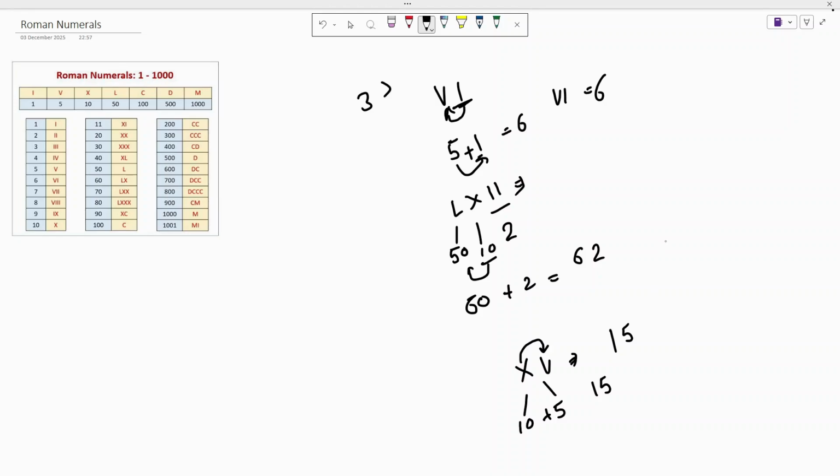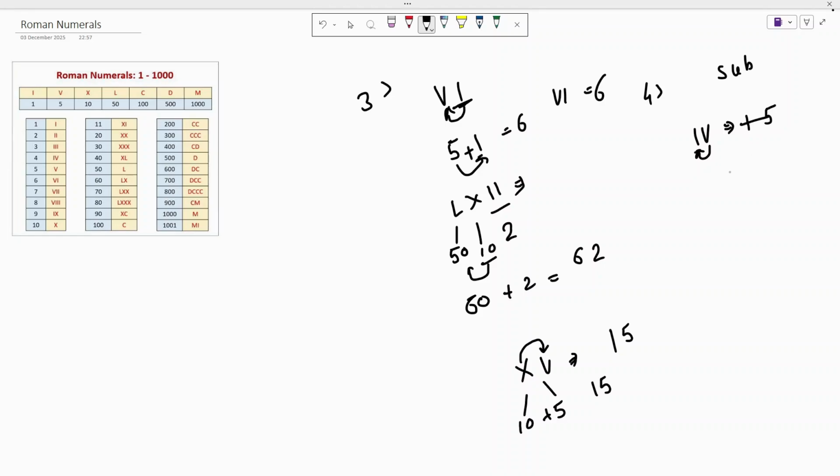Rule number 4 is the subtraction rule. The subtraction rule says if a smaller numeral comes before the larger number, we subtract it. For example, IV. If a smaller number is coming to the left side of the number, we subtract. V is for 5, I is for 1.